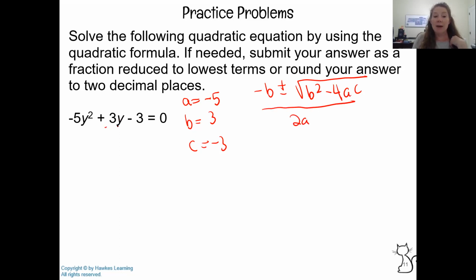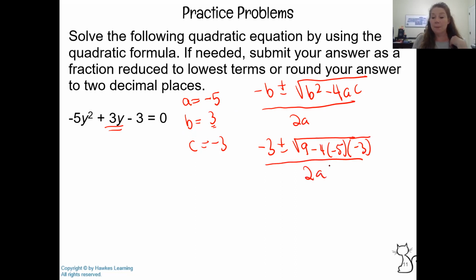All right, what is the opposite of +3? -3, plus and minus. We're going to square B. B squared is 9, minus 4 times A is -5, and C is -3. And all of that over 2A.